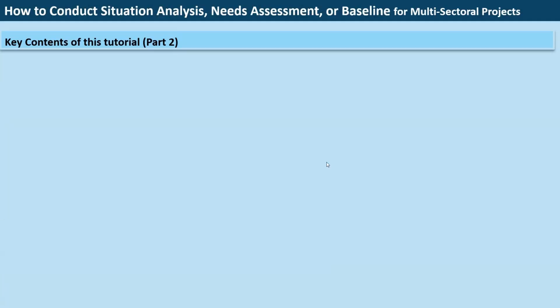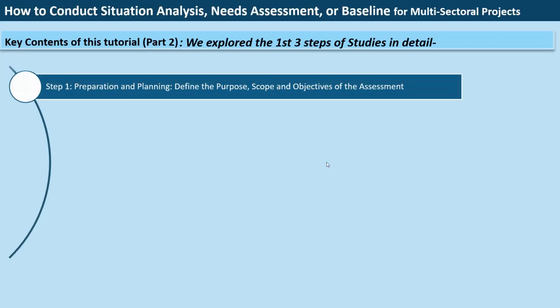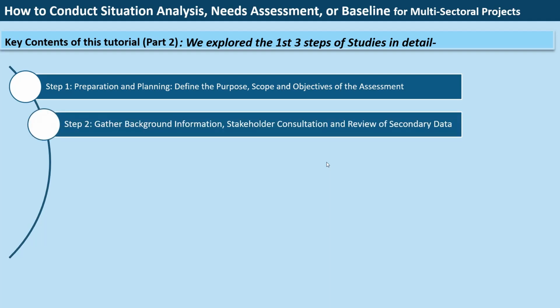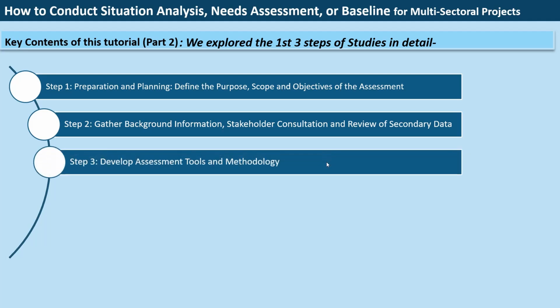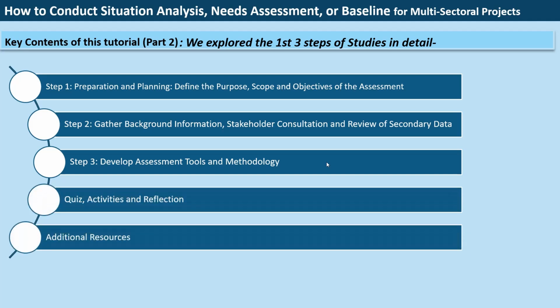In this part 2, we discussed step number 1, preparation and planning, defining the purpose, scope and objectives of the assessment. Step number 2, to gather background information, stakeholder consultation and review of secondary data. Step number 3, to develop assessment tools and methodology, quiz and reflection activity, and additional resources.